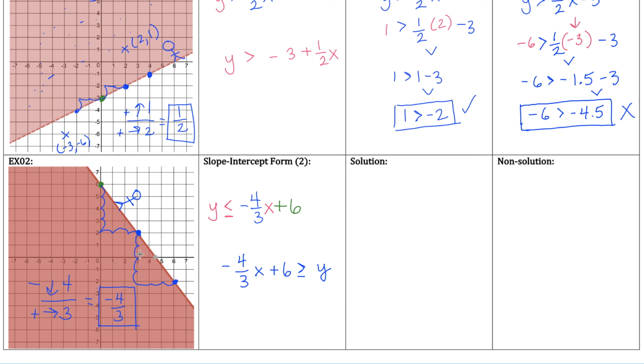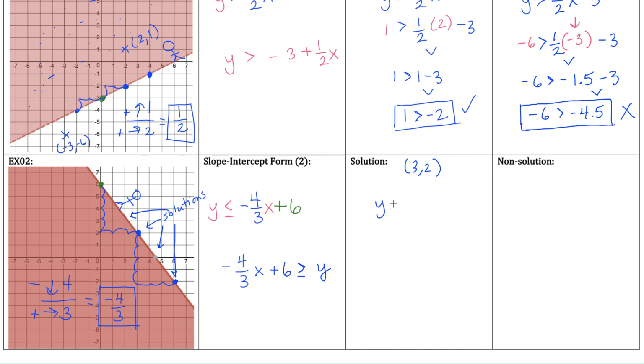This time I can actually pick one of these dots. So I'm going to pick 3, 2. Remember that these are solutions. Anything on this line that creates this line is a solution.